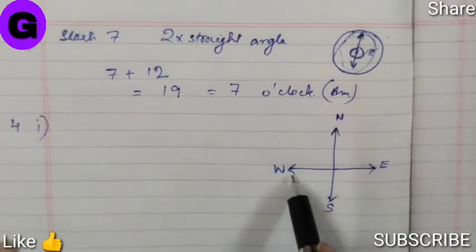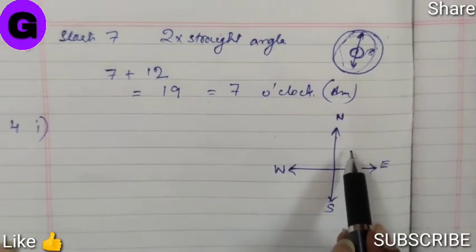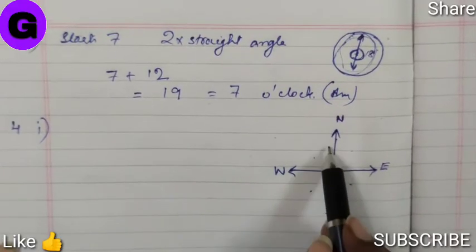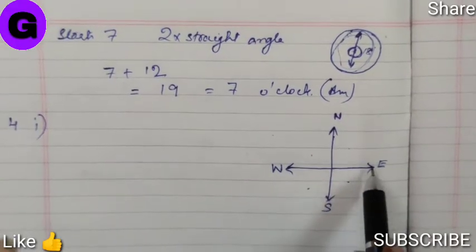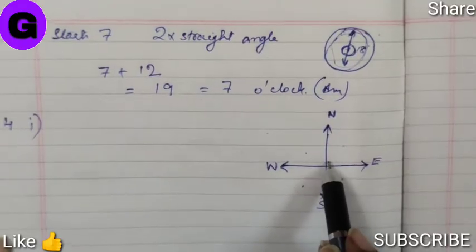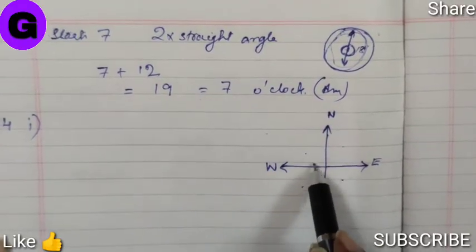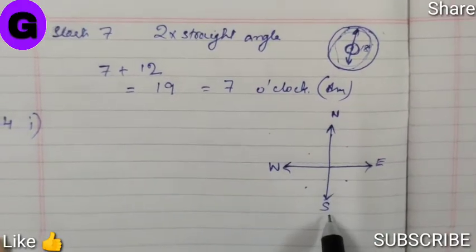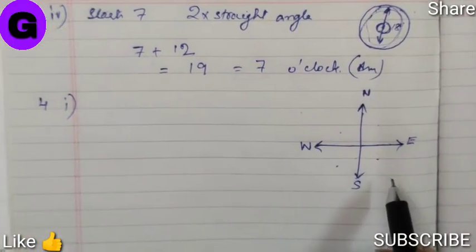Now this is forming a cross. This is 1, 2, 3, 4. That means 1/4, 1/4, 1/4, 1/4. Each 1/4 is framing a right angle. That means 4 right angles, making the 4 cardinal point directions. So now let us start.